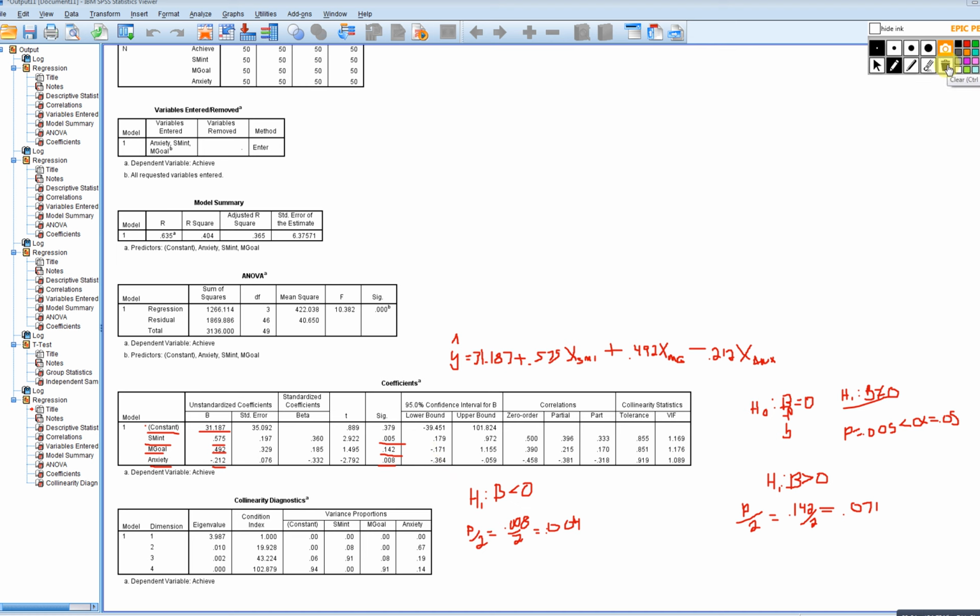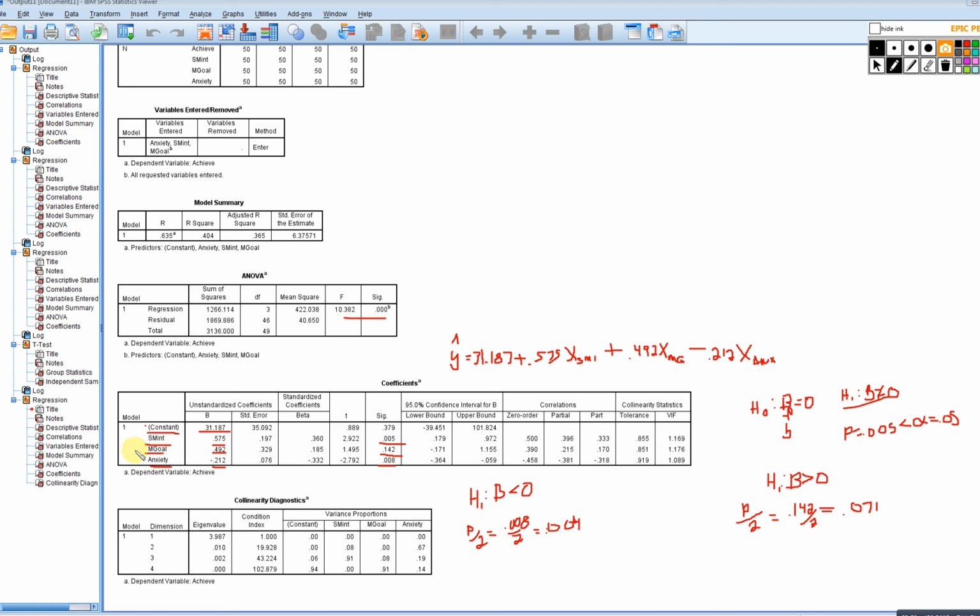so now we can say that overall the set of predictors appear to explain significant variation in the criterion variable. We will infer that within the population the R-square value is significantly greater than 0. When we look at the individual predictor variables, we see that subject matter interest was a significant predictor of achievement.